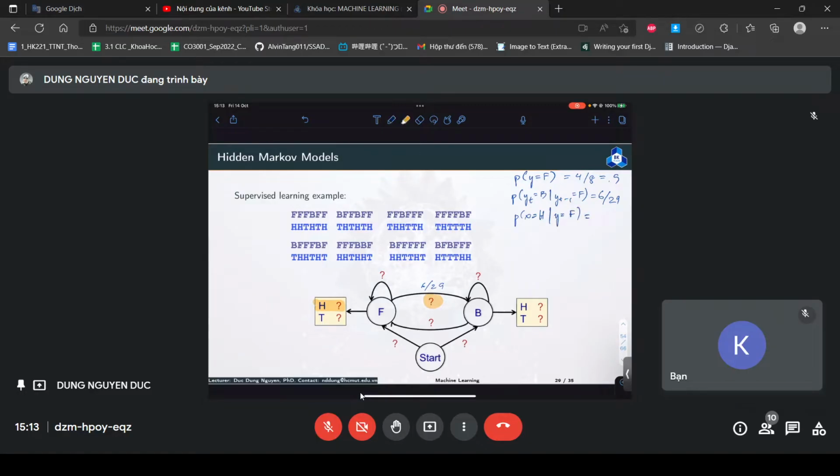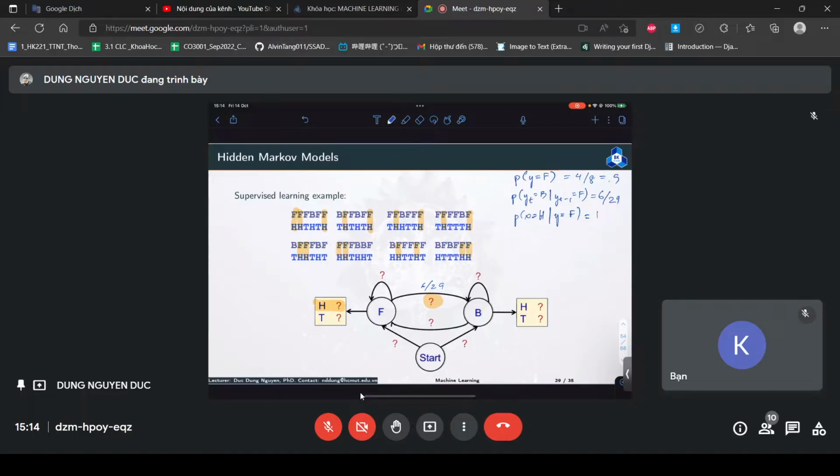This one equals, let me count FH, 1, 2, 3, 4, 5, 6, 7, 8, 9, 10, 11, 12, 13, and 14, 15, and 16, 17.